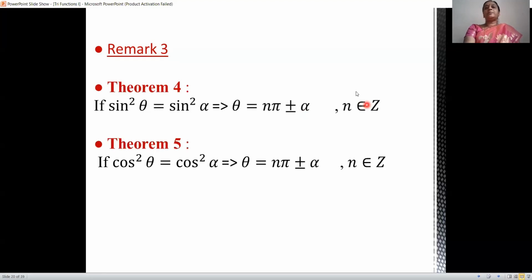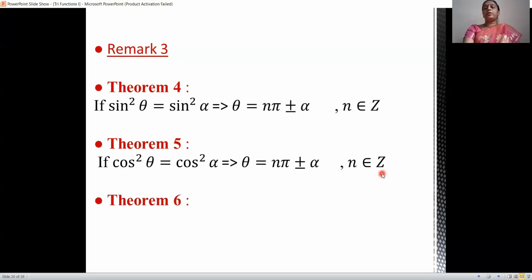Now, the next formula. If the function is of the type cos square theta is equal to cos square alpha, for this type of function, the general solution will be theta is equal to n pi plus minus alpha, where n belongs to the set of integers.